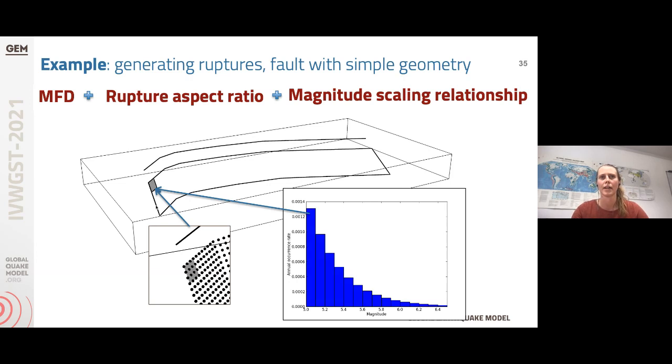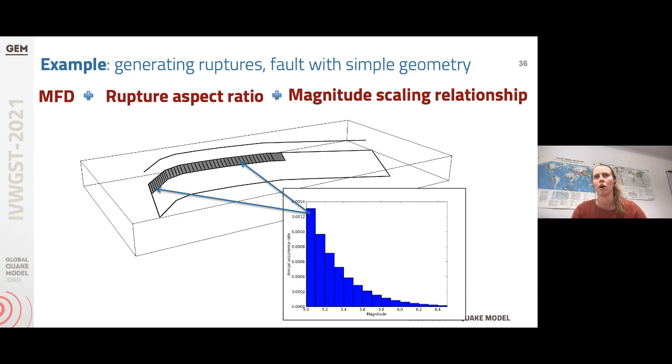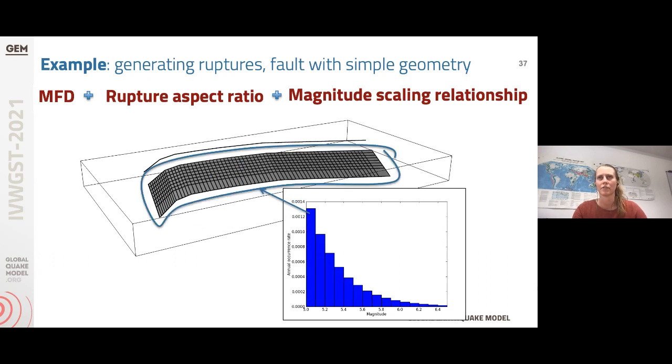The inset here shows a series of black dots that have converted the rupture plane into a mesh, and those mesh points are used with the scaling relationship and the ratio to produce a rupture of the size corresponding to each bin in this magnitude frequency distribution. First we see just one rupture, but these are actually floated all along the fault until the entire fault is filled with ruptures.